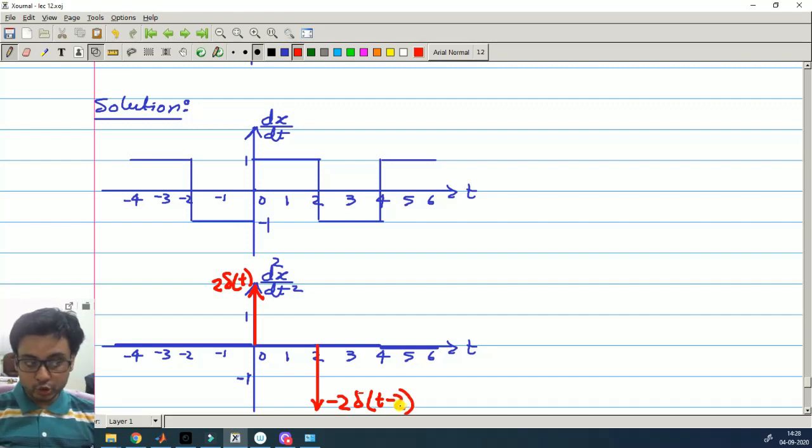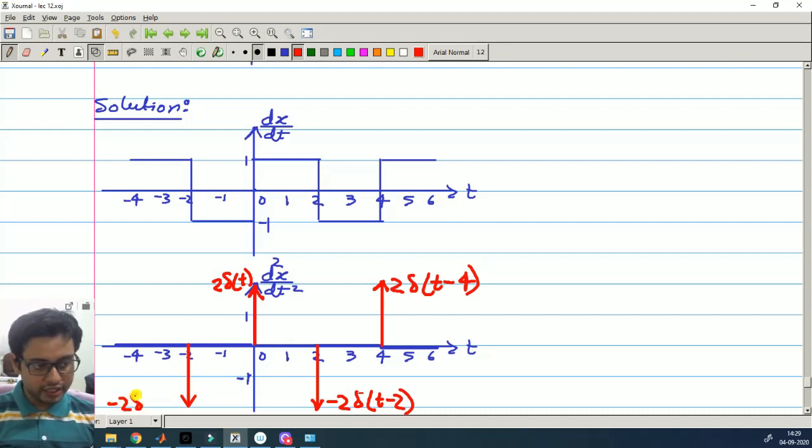T minus 2 because it occurs at time t equal to 2. Then again here another positive delta function. It will be 2 delta t minus 4. Here a negative one, minus 2 delta t plus 2.